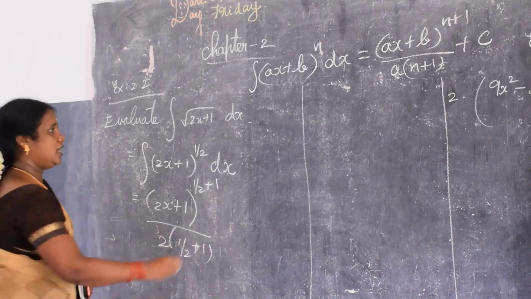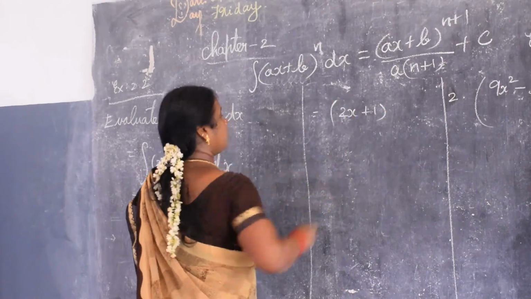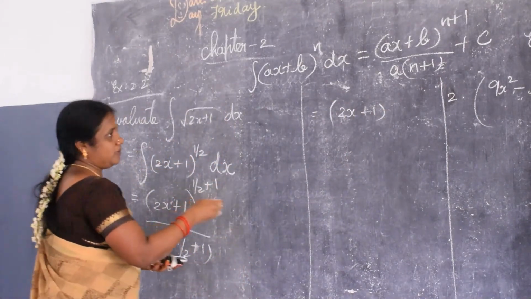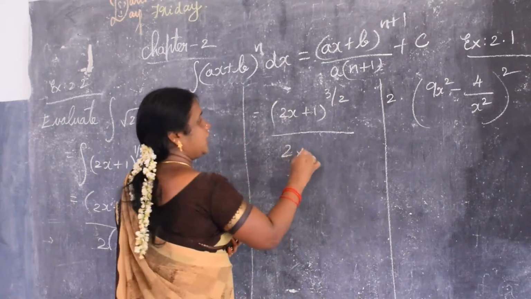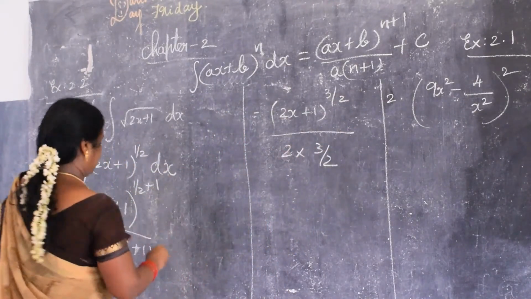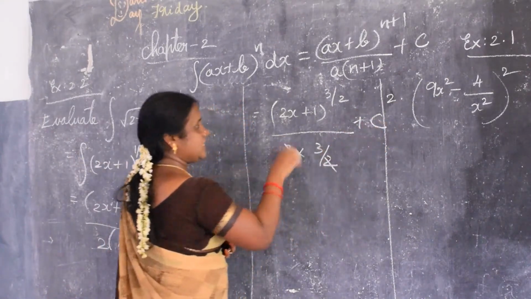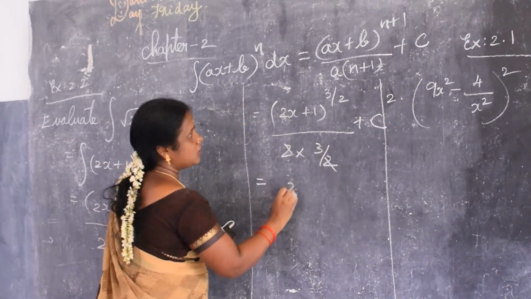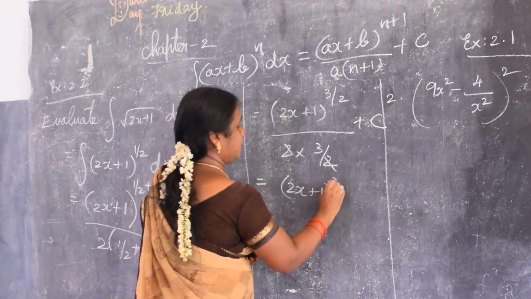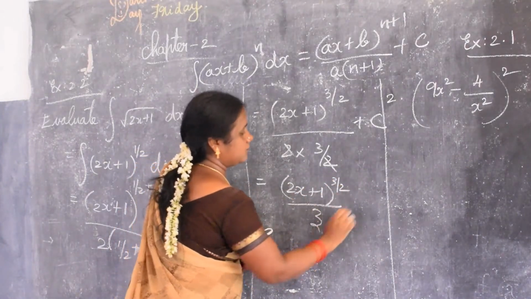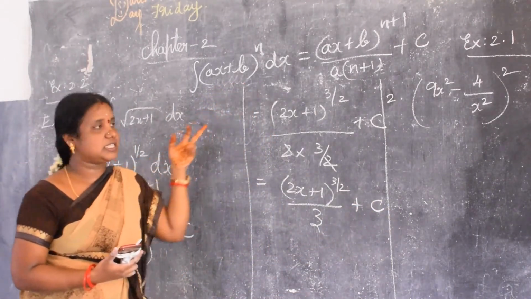Now you simplify here. 2x plus 1 whole power, take LCM, 1 by 2 plus 1 is 3 by 2, divided by 2 into 3 by 2, plus c. You have to introduce the constant here. So, cancel 2. What is our answer? 2x plus 1 whole power 3 by 2 divided by 3 plus c. Have you understood this? This result only I am using in this problem.